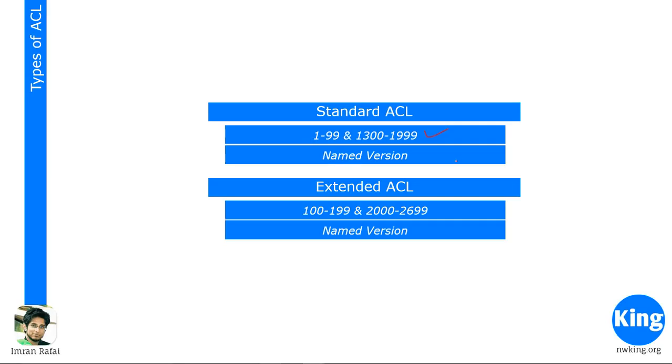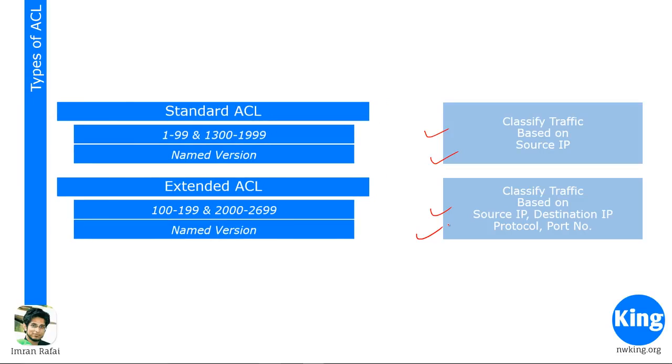We can also have a regular name for these access lists. That's also possible. Similarly, extended ACLs are ACLs with numbers 100 to 199 and 2000 to 2699, and of course you can have a named version of these ACLs as well. If it's a standard ACL, the classification is happening based on source IP address, right?